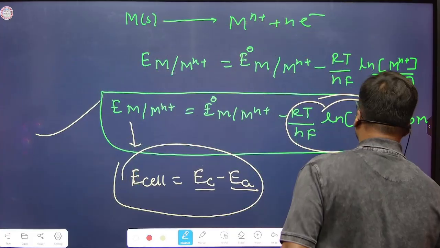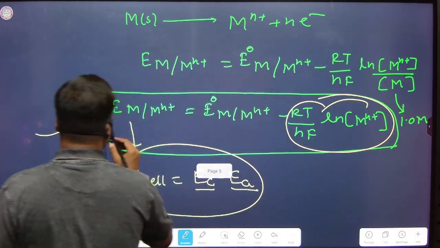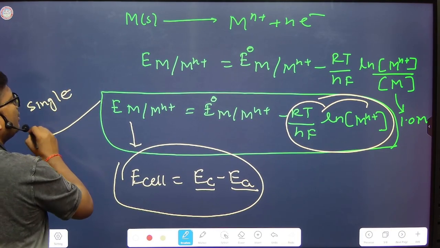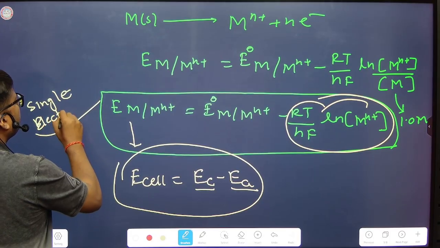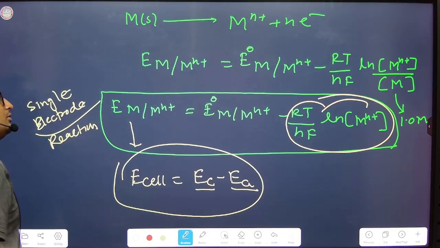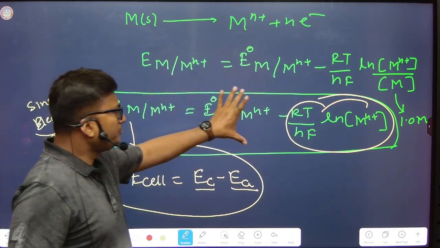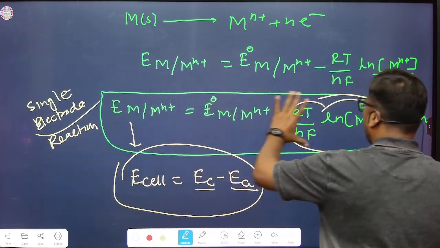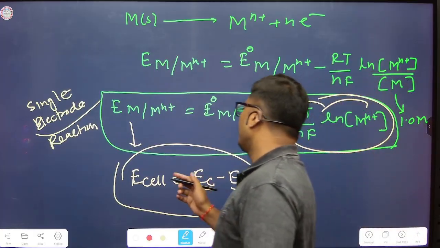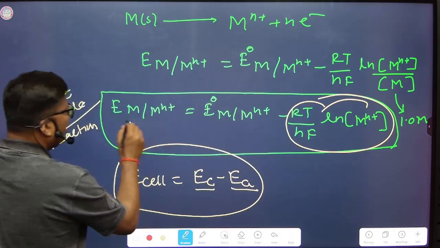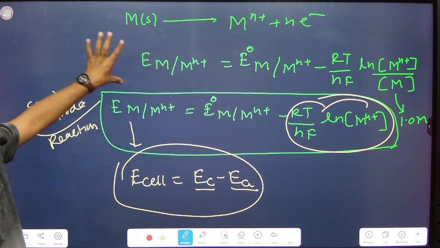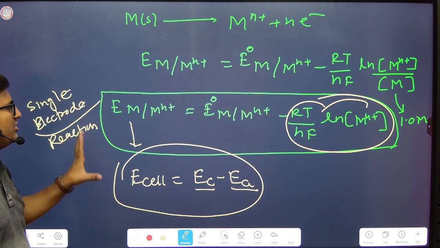Now this is also for a single electrode reaction. This is the expression which signifies the value of potential, right? Because it is an oxidation reaction, here it will be the oxidation potential.